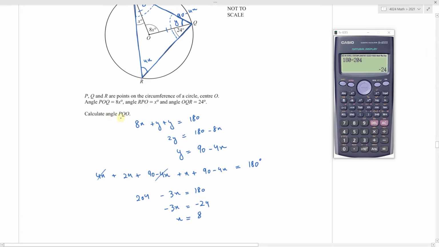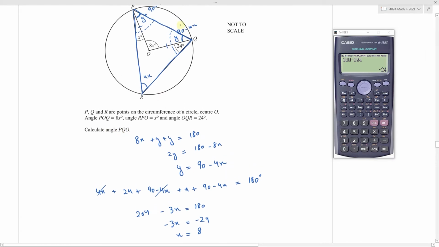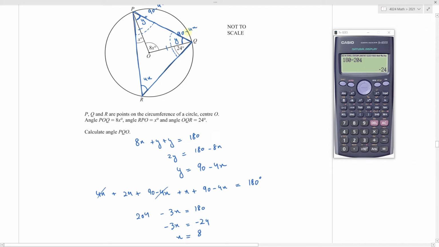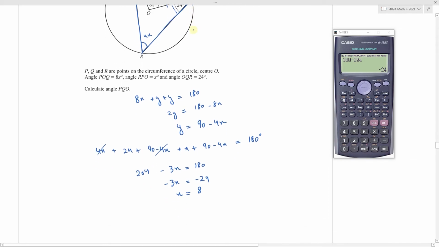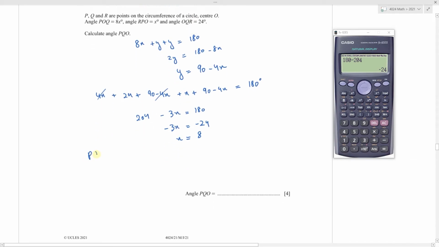Now you need to calculate angle PQO. Angle PQO is this y, which is 90 minus 4x. So 90 minus 4 times 8 is 32. 90 minus 32 will be 58 degrees. So angle PQO is 58 degrees.